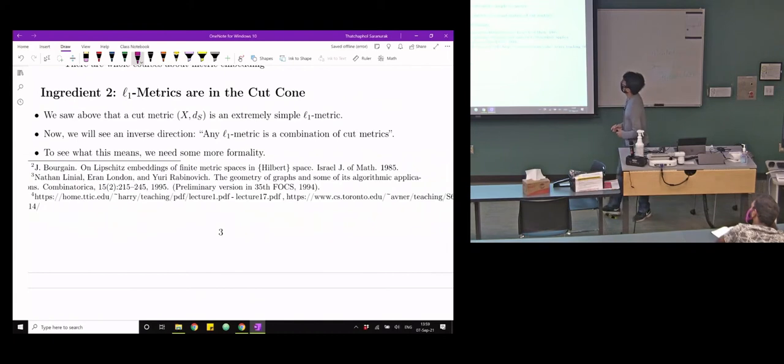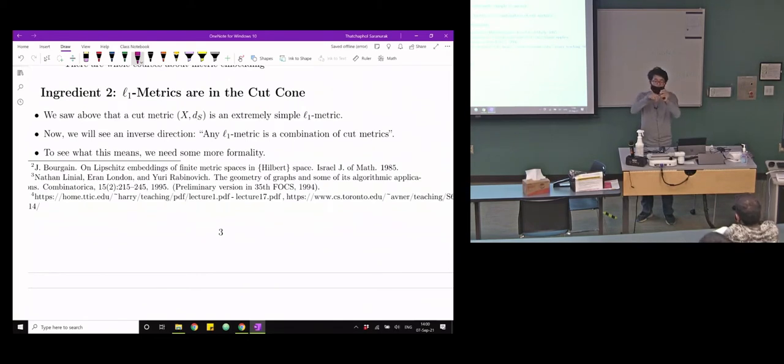All right. So next, I want to say that the L1 metric, in some sense, is also very simple. You have seen that a cut metric is a line metric. A cut metric can be represented as a line, just a very simple line.